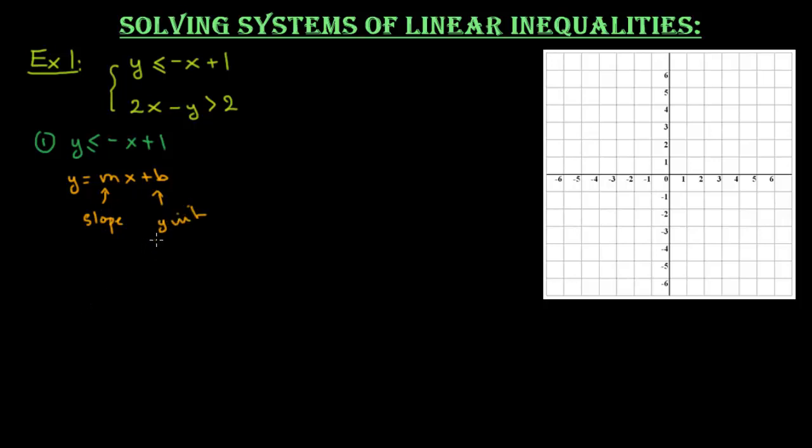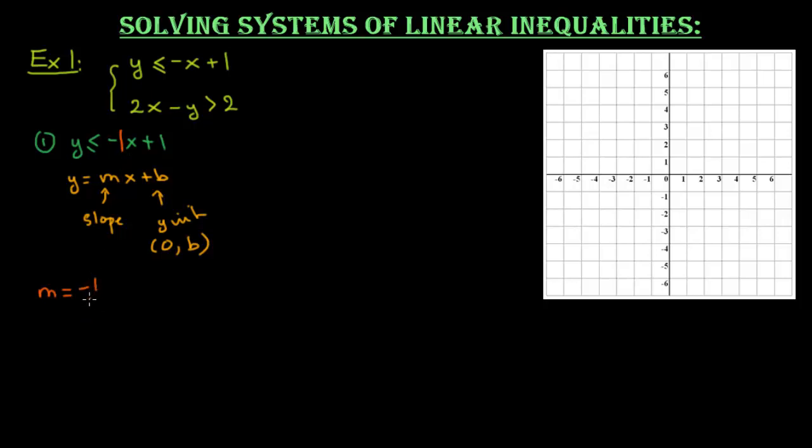The y-intercept is always in the form (0, b). The slope is the number in front of x. Since there's no number in front of x, we can think there's an invisible 1 in front of x, so the slope is negative 1.